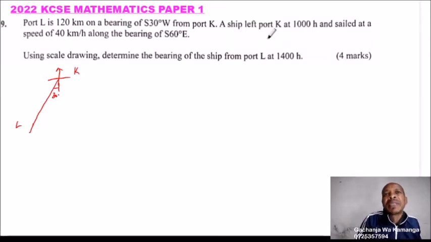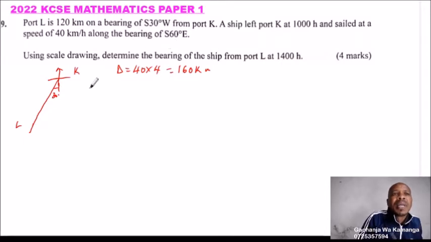The ship left K at 10. So how many hours from 10:00 to 14:00? 11, 12, 13, 14, that is 4 hours. So distance is equal to speed times time. So we have 40 multiplied by 4. It had covered 160 kilometers on a bearing from south to east, which we are going to measure.